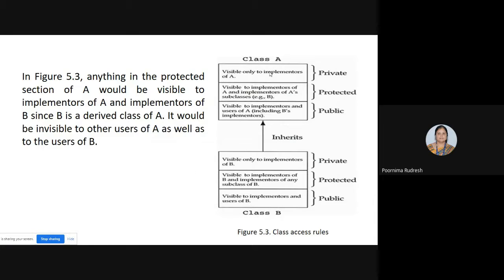If the class A is declared with the protected, then the implementers of both class A and class B can make use of it, because class B is the derived class of A, and this protected area will be visible to the class A as well as to the class B implementers except the users of class B. Okay, so it is invisible to the users of A as well as to the users of B. That is called as the protected one, but it is visible to the implementers of B.